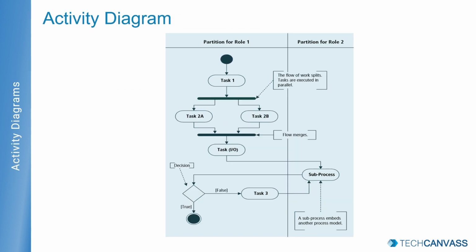It is commonly used with technical audiences. It uses UML notations and is also known as use case realization diagram. It is typically applicable to a single use case, but can also cover processes across multiple use cases. Activity diagrams also use swim lanes.